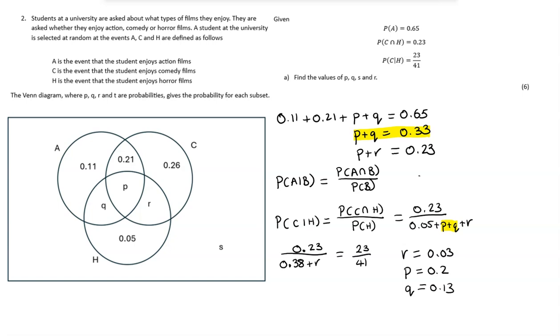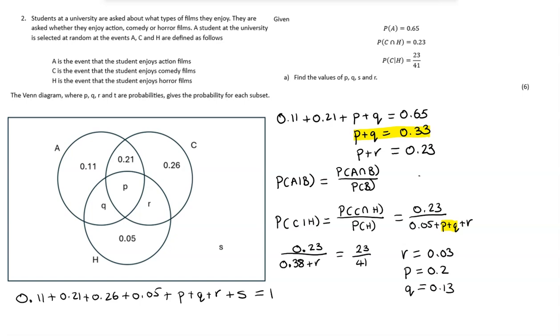Now everything within this rectangle must add up to 1. So when I add this all up, I've got 0.11 plus 0.21 plus 0.26 plus 0.05 plus P plus Q plus R plus S is going to equal 1.